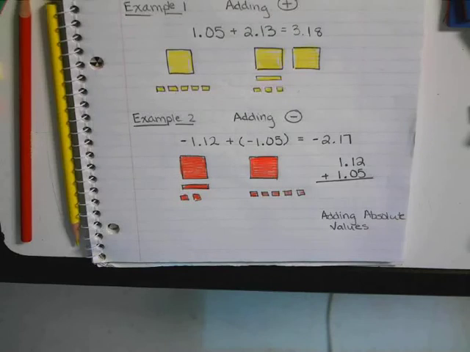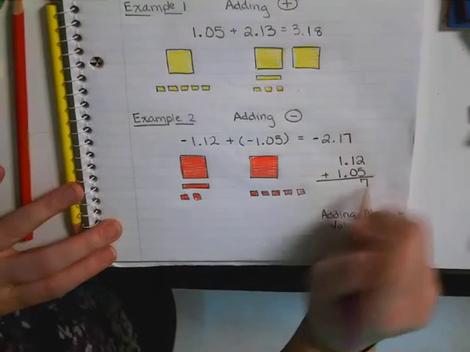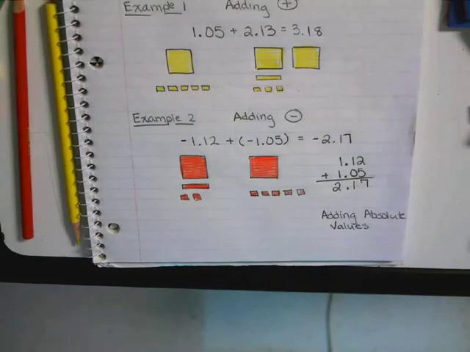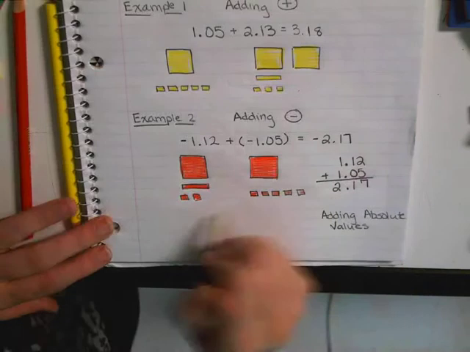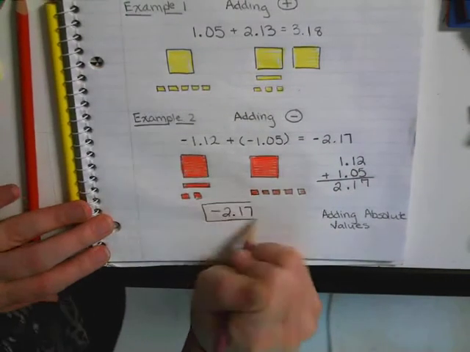And if in my problem my regular numbers were negative, my answer is going to be negative. Right? So I can line these up and then add them and get the same answer that we got above. Now when I add the absolute values, my answer is always going to be positive, and you have to go back and realize if it's going to be negative or positive. -2 and 17/100.